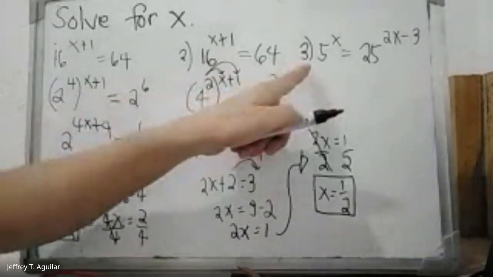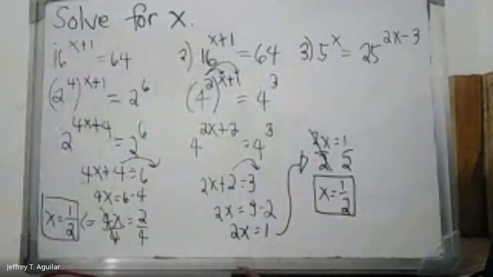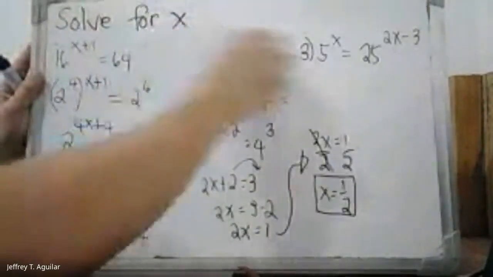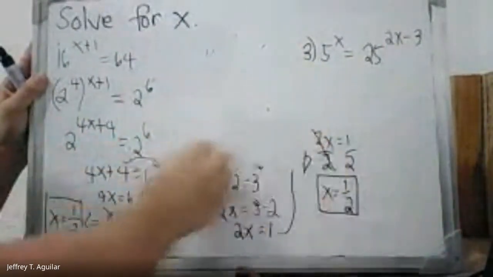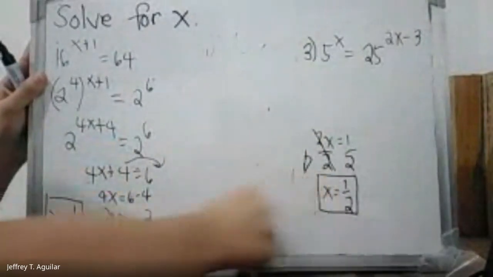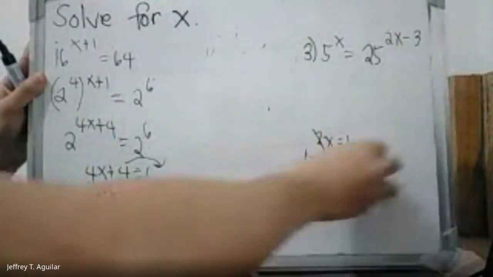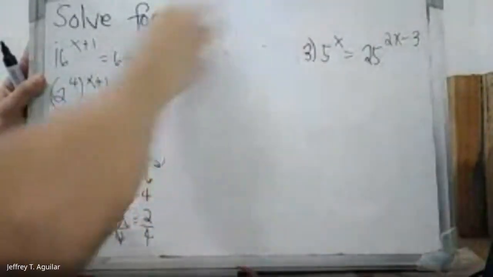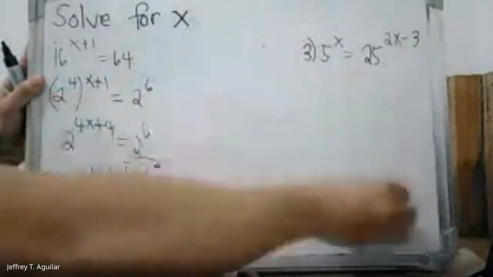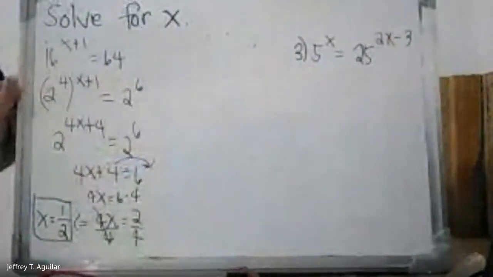Let's proceed to our third example. Let me erase this part. So our third example is that we have here 5 to the x equals 25 raised to the power of 2x minus 3. Now, what is the base of the left?